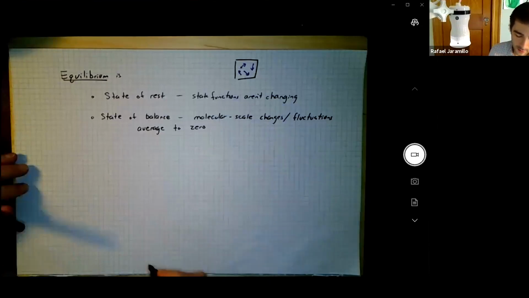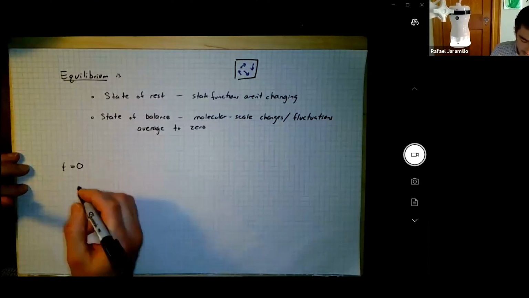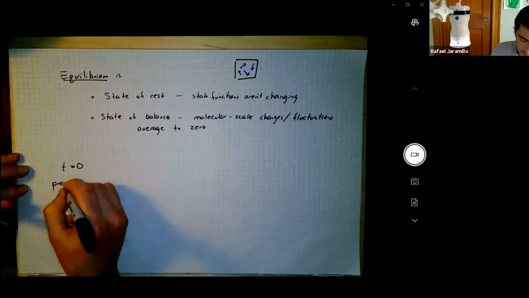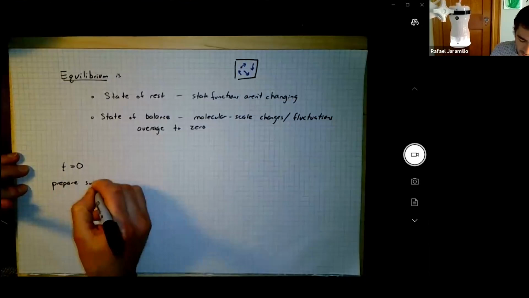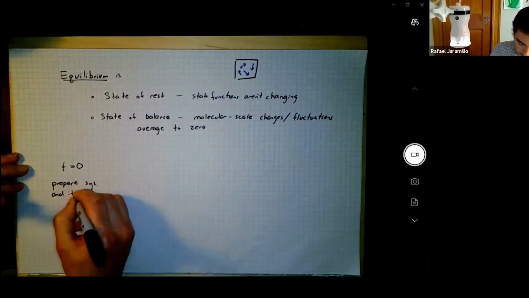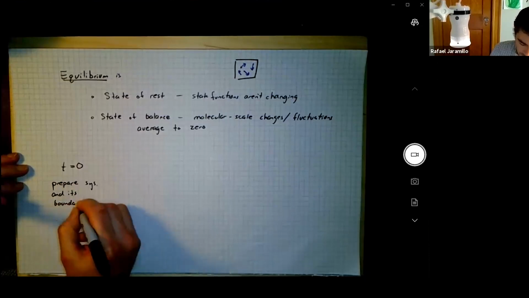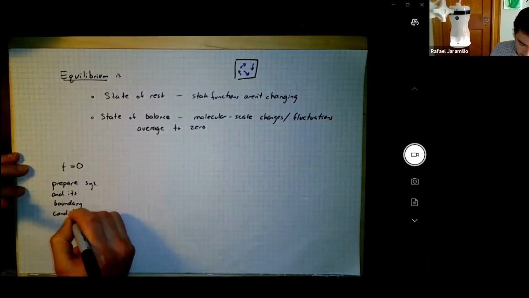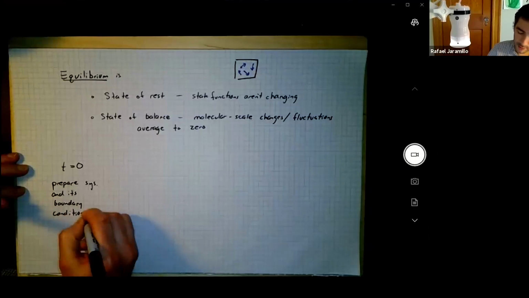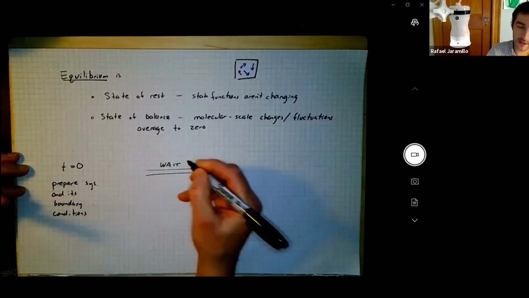All right. So we want equilibrium to be like this. At t equals 0, we prepare a system and its boundary conditions. And then we're going to wait for a very long time, as long as necessary.